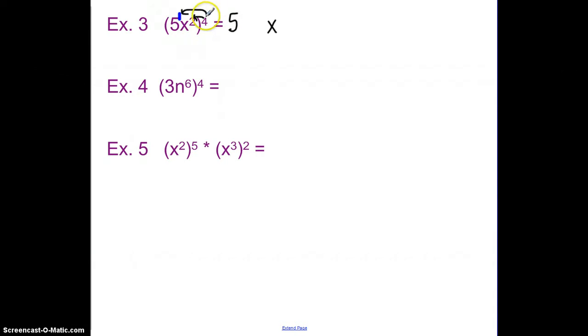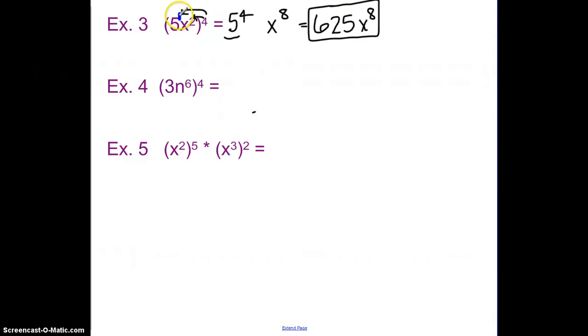So 4 times 1 is 4, and 4 times 2 is 8. Now the only part that still has any solving here would be this part. If I did 5 to the 4th, that ends up being 625, and then I have x to the 8th. And that's my final answer.